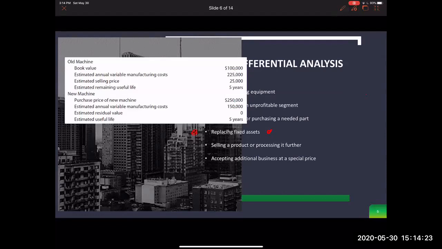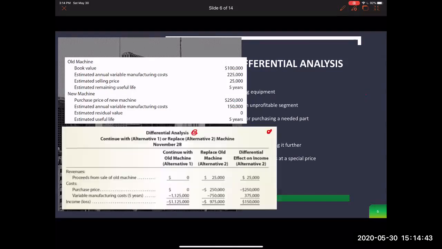So here's some information that we have. We have the old machine, the book value of it, the annual variable manufacturing cost, the selling price, and the remaining useful life. Then we have information on the new machine. So the purchase price, the variable manufacturing cost, residual value, and the useful life.